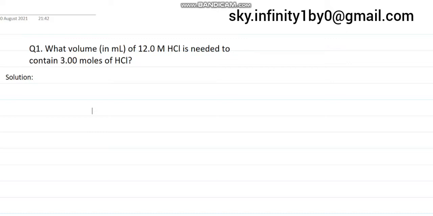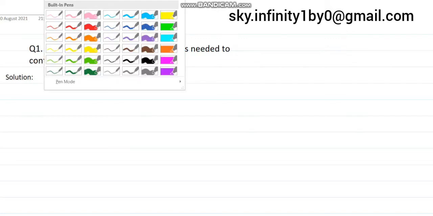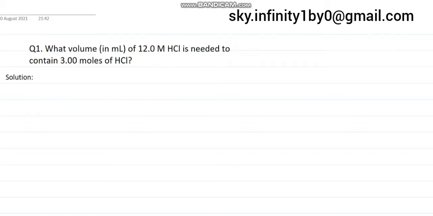So the first problem given to us is finding the volume of the solution. First let's revise the formula for molarity.